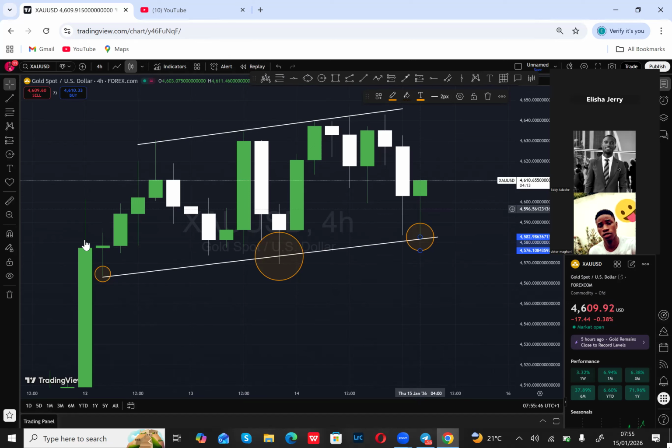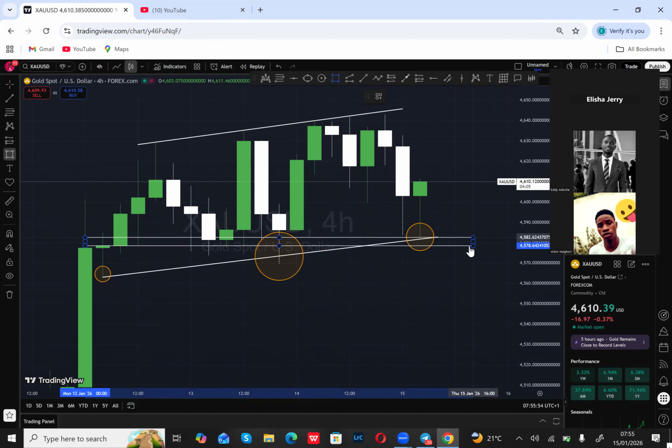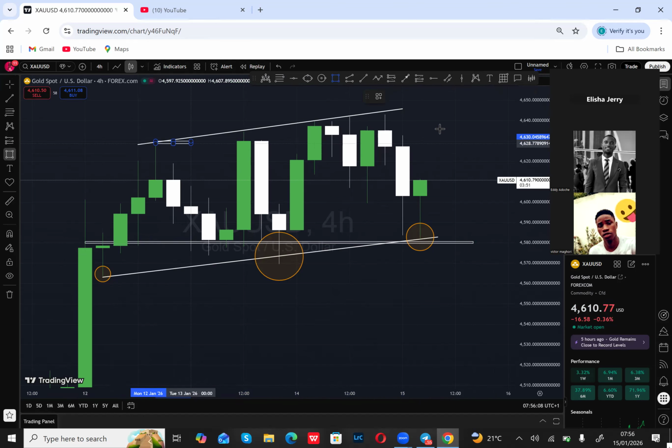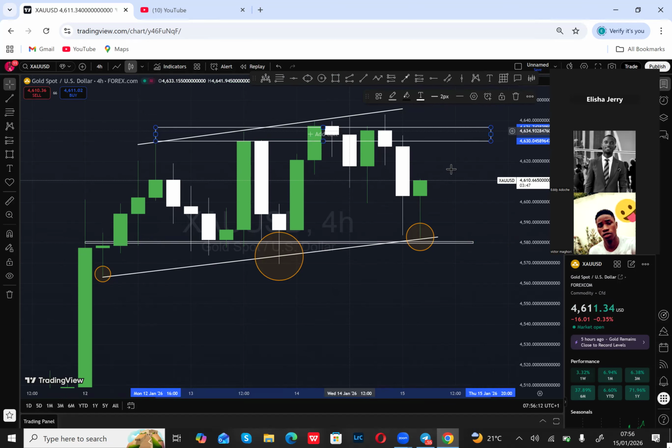Now, if you are trading support and resistance, this will give you a valid SNR for this buy. We also have an SNR here, which makes up this entire region, right?